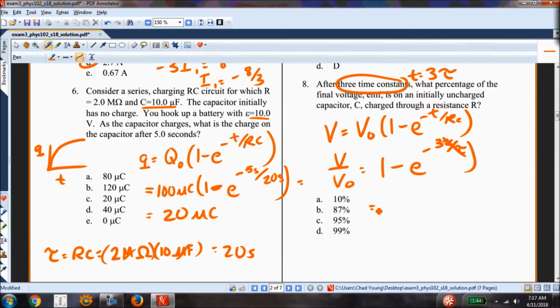This is equal to 0.95. That's V over V naught, so I'm at 95% of my maximum voltage. So the answer is C for number 8.